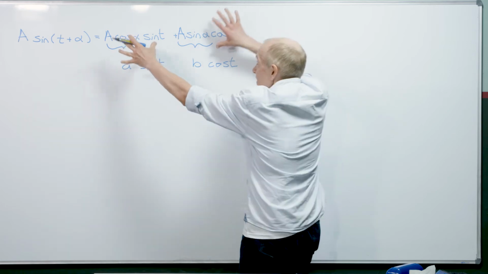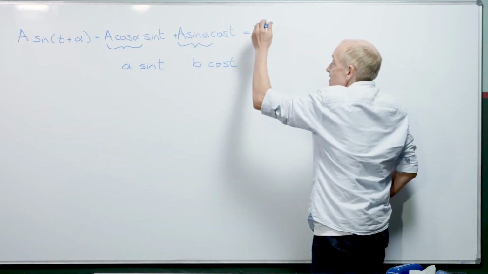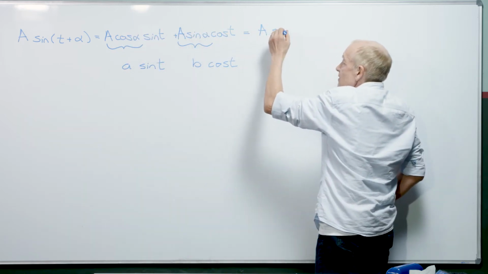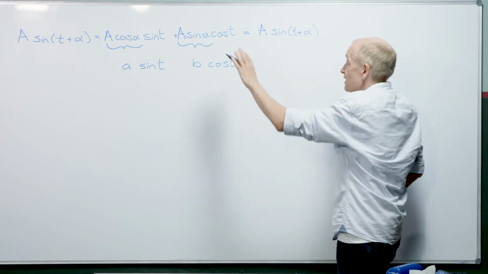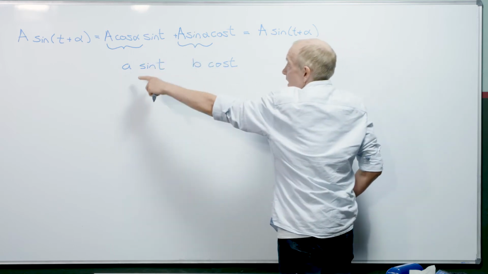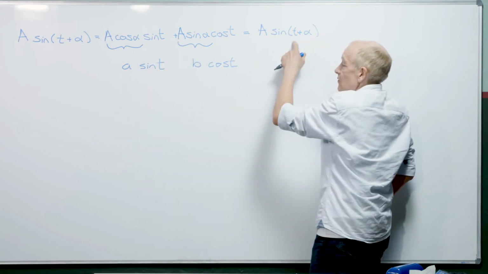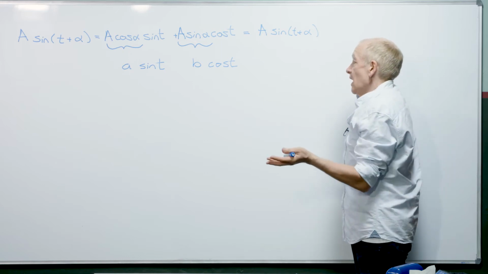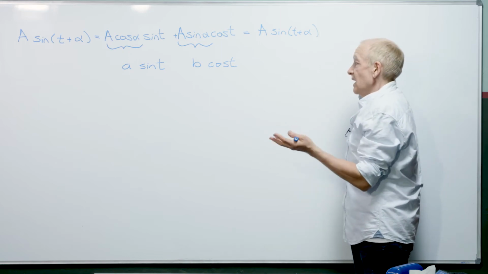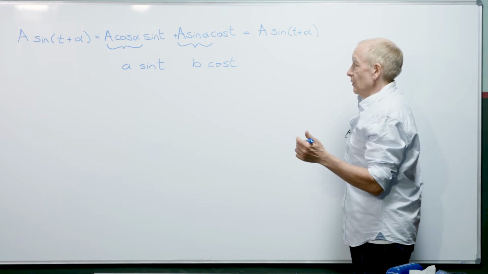We want to write these two things as a single A sine(t plus alpha). And as we've said before, this is very useful because this can be cumbersome to deal with, and this can be a whole lot simpler to sketch or to use to solve algebraic or numerical problems.